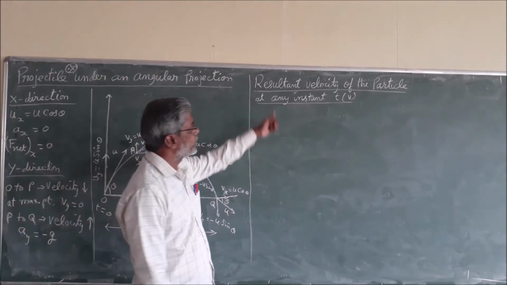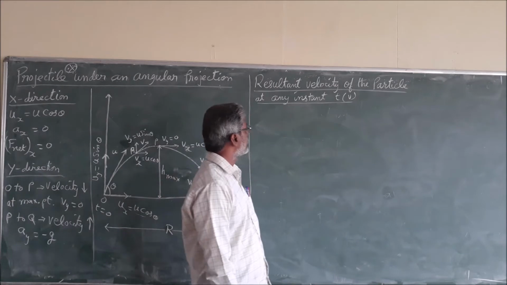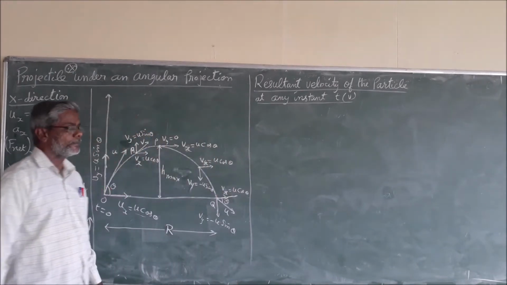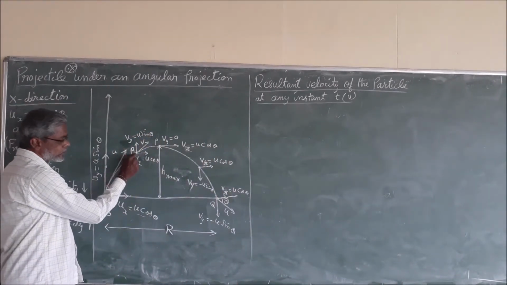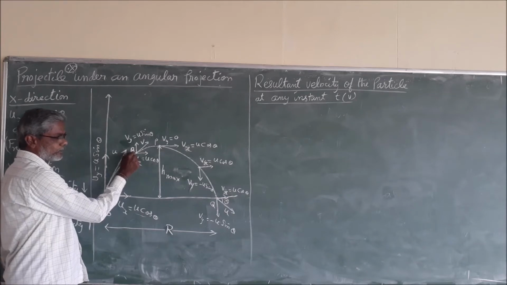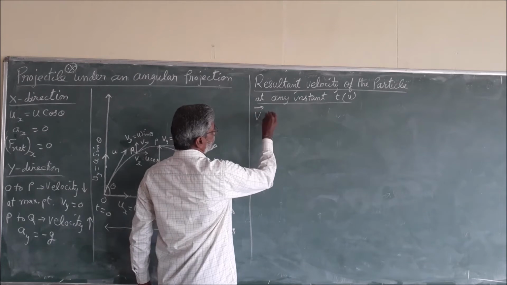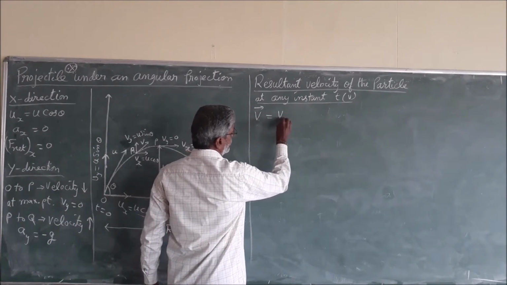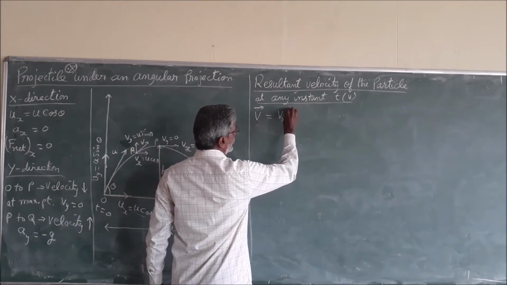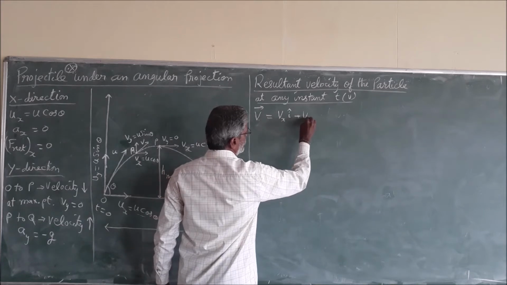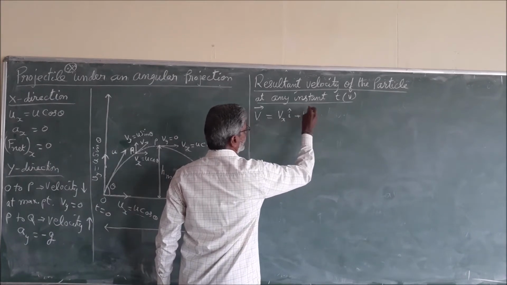Now we are going to find the resultant velocity of the particle at any instant t. I want to find the resultant velocity at this particular point. So the vector v is equal to vx i cap plus vy j cap.